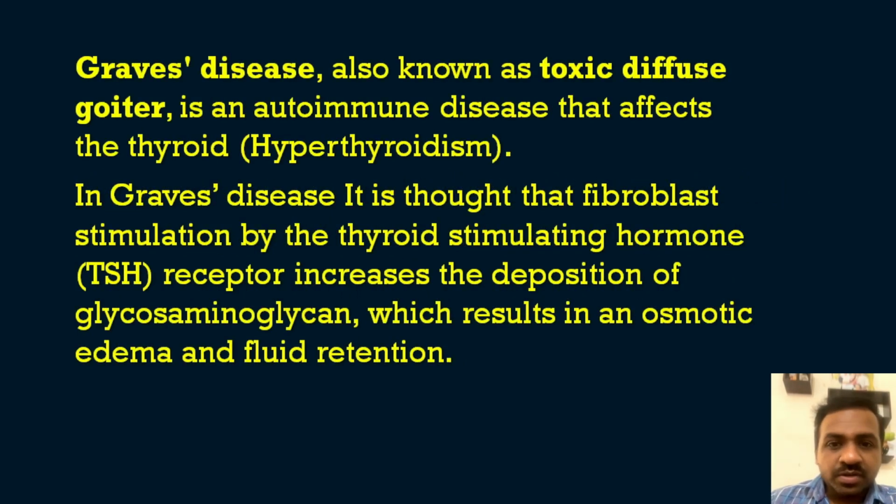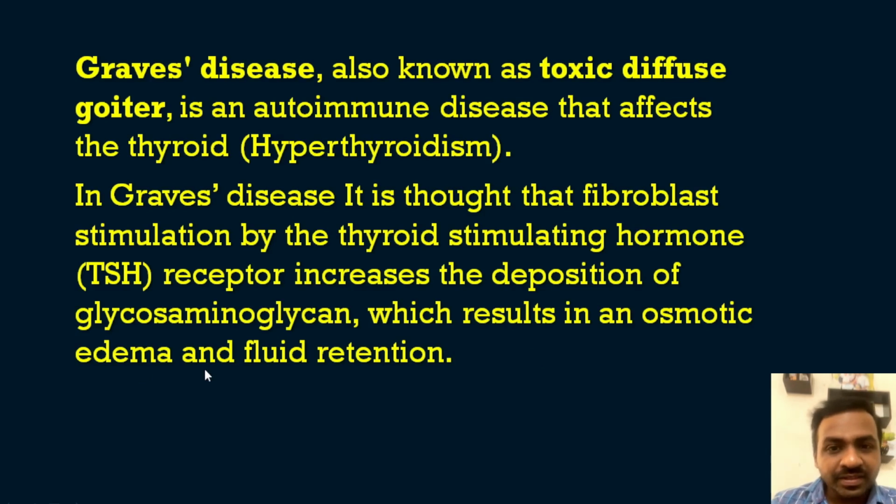The last option was Graves' disease. So what is Graves' disease? It is also known as toxic diffuse goiter, and it is an autoimmune disease that affects the thyroid, causing hyperthyroidism. In Graves' disease, it is thought that fibroblast stimulation by the thyroid stimulating hormone receptor increases the deposition of glycosaminoglycan, which results in an osmotic edema and fluid retention.